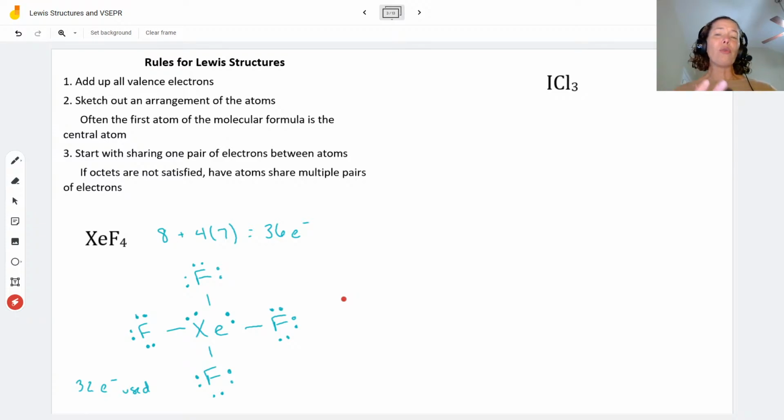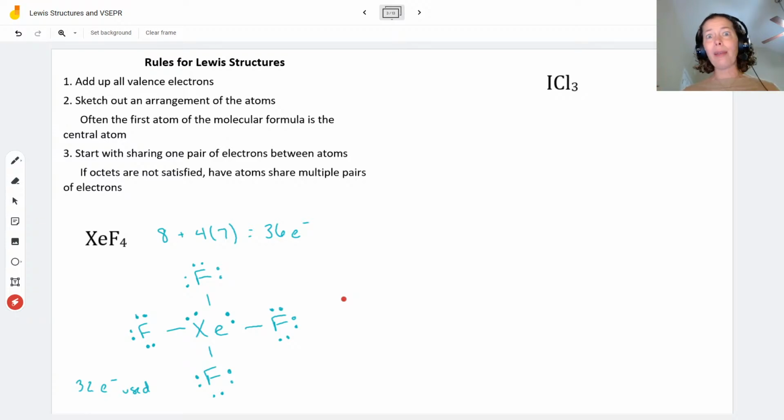But also the rules for Lewis structures for expanded octet is you're always going to add these extra electrons to the central atom. Now, if you find that your central atom is in the 2nd period, like maybe your central atom is carbon, then something has gone horribly wrong. And I would first go back and double check your count of valence electrons, and then double check your count of how many electrons you have used.